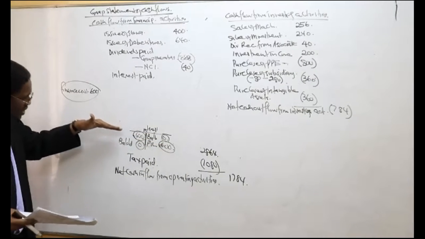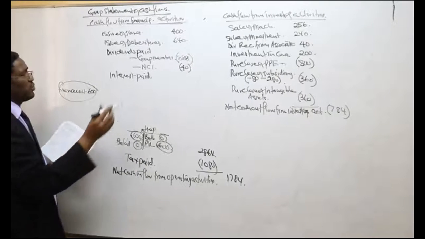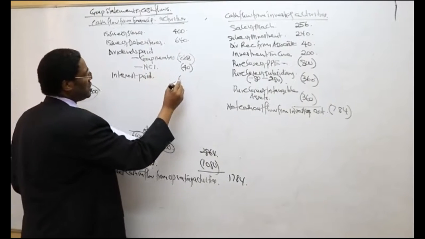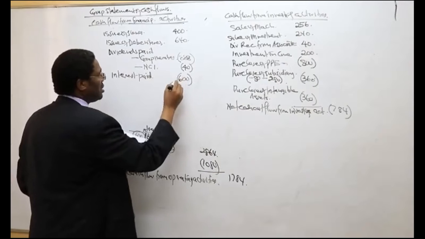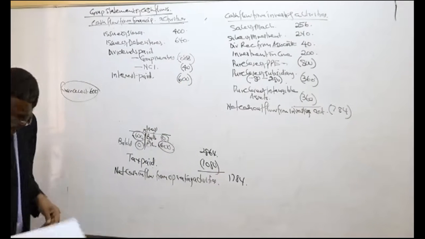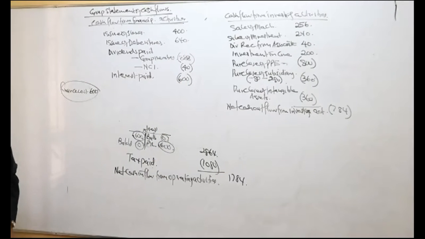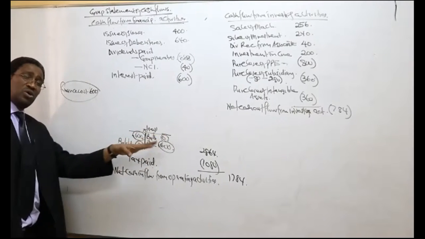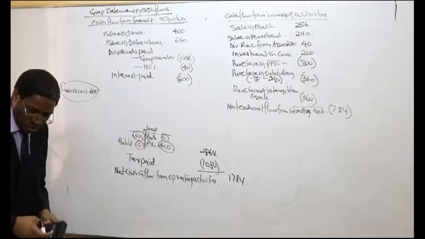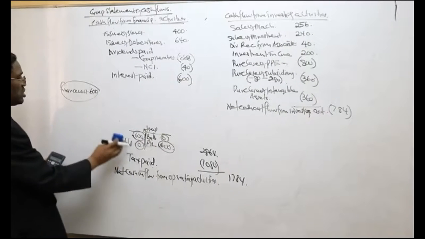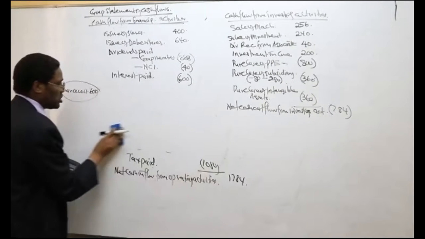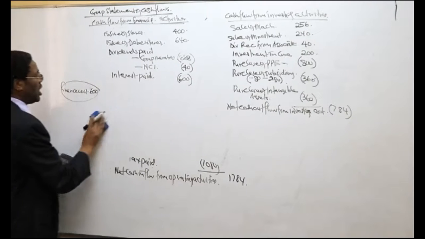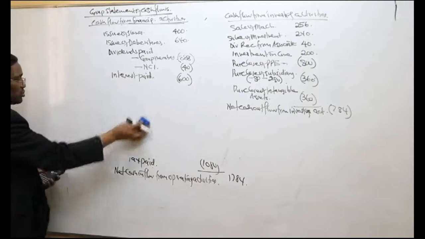And what you paid is what goes to the cash flow as part of financing. So we bring here 600 as the interest paid. Otherwise, if there was accrued interest in the balance sheet, then you open the account for interest, then you determine the amount we paid. But for this question, there was no accrued interest in the balance sheet.